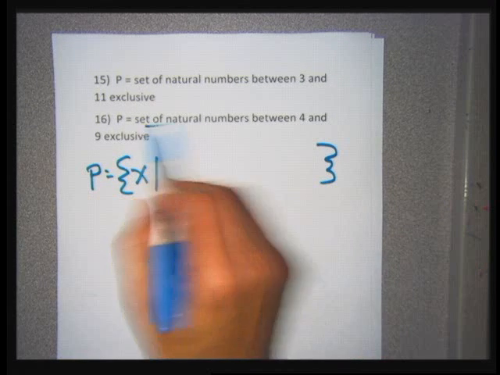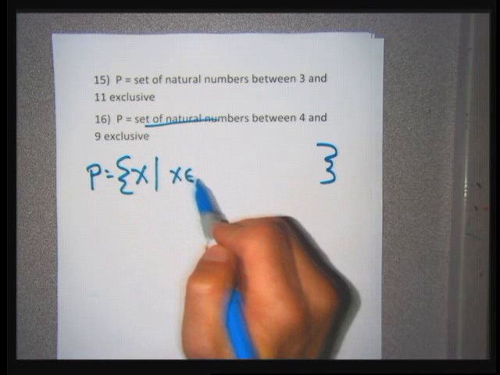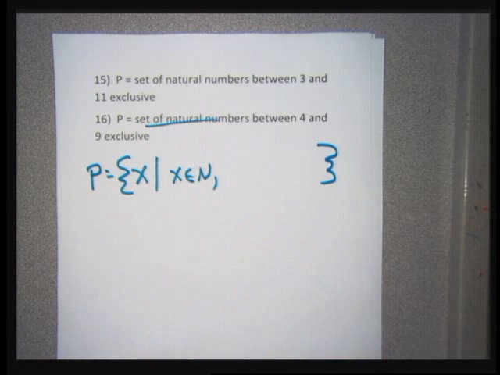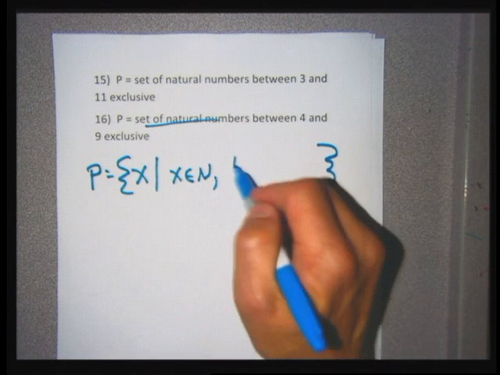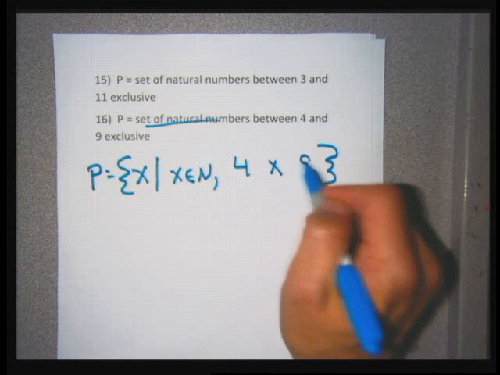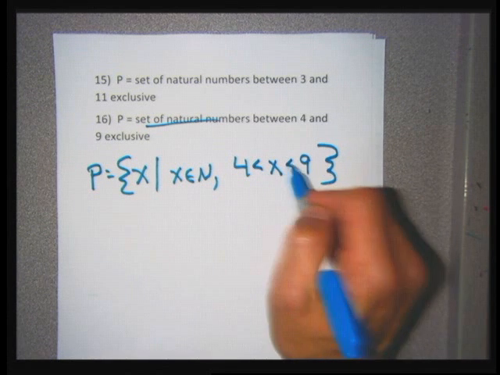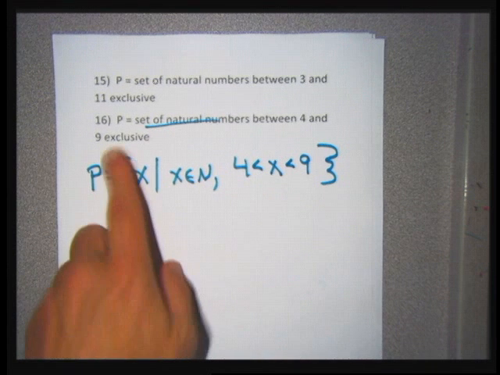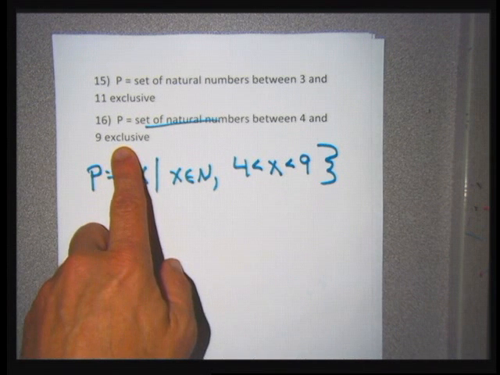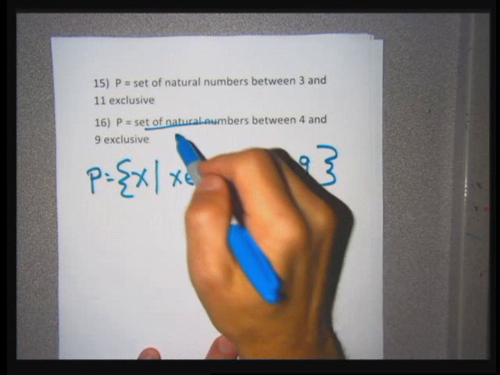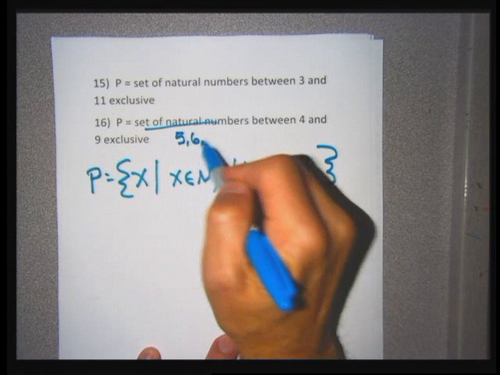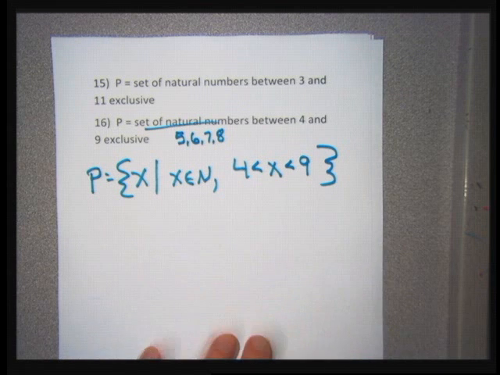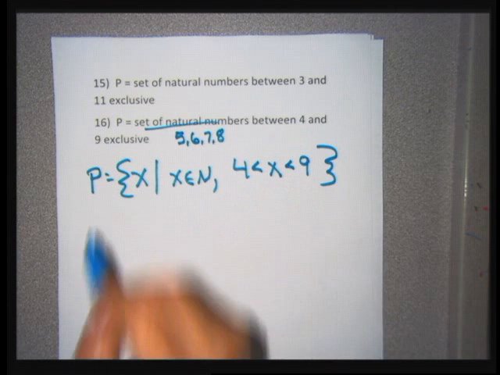It's a set of natural numbers, so I'm going to write X as an element of N, for X as a natural number, comma for the "and", and I can certainly put the X between the 4 and the 9, and always when I write a letter between two numbers, I only put less than signs in. And in this case, I don't want the X to equal 4 and I don't want the X to equal 9 because of the word exclusive. It doesn't include the 4 and it doesn't include the 9. The numbers that this set includes are 5, 6, 7, and 8. And that would be a perfect representation for it.